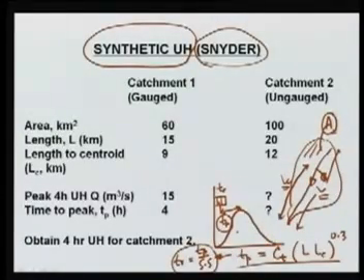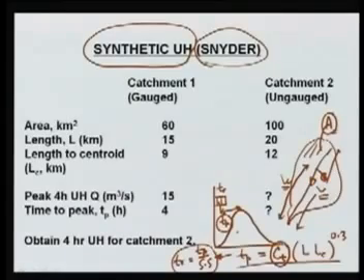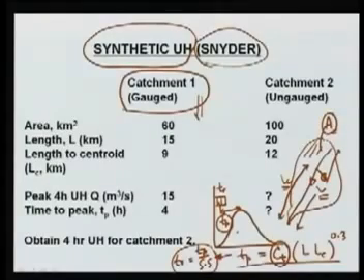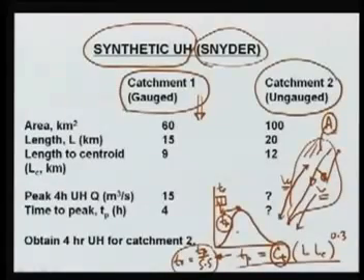So if we have the data available for, let's say, a gauged catchment, we will take an example. CT is a constant which depends on the basin properties. In this case we will assume that there are two catchments. One is gauged. So catchment 1 is gauged, and gauged catchment means that we can obtain the unit hydrograph for this easily. Catchment 2 is ungauged.